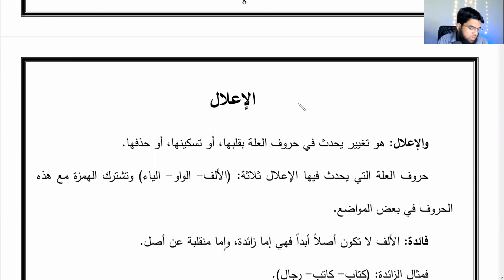So the first one is replacement, qalb. And the second is taskiniha. If you don't want to replace it, what you can do is give it sukoon. Aw taskina. This is the second type of i'lal. And the third is we are not replacing it, we are kicking it out. Hadfiha. Aw hadfiha. We are not bringing anything back.